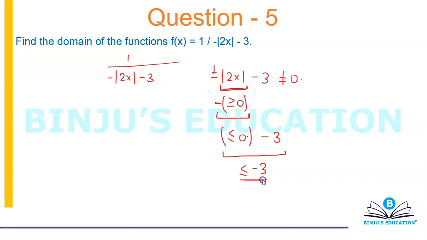Anything less than 0, minus 3 will be less than -3. So one thing is for sure that this value will always be negative, which means the denominator can never be equal to 0.